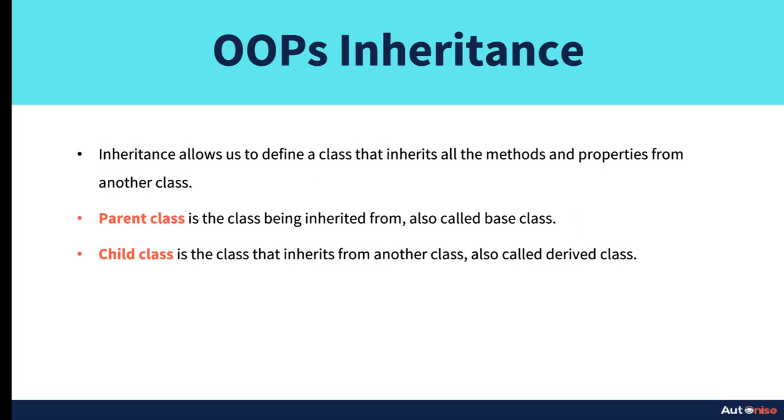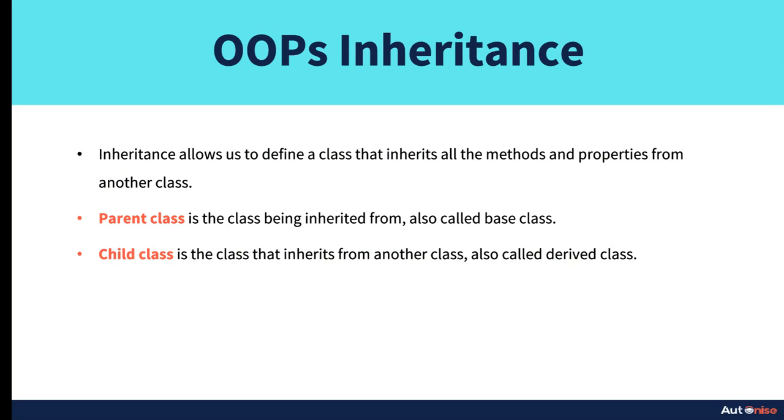Inheritance in object-oriented programming. Inheritance allows us to define a class that inherits all the methods and properties from another class. Like there is a parent class which has all these parameters and all these methods which are already made inside the parent class.